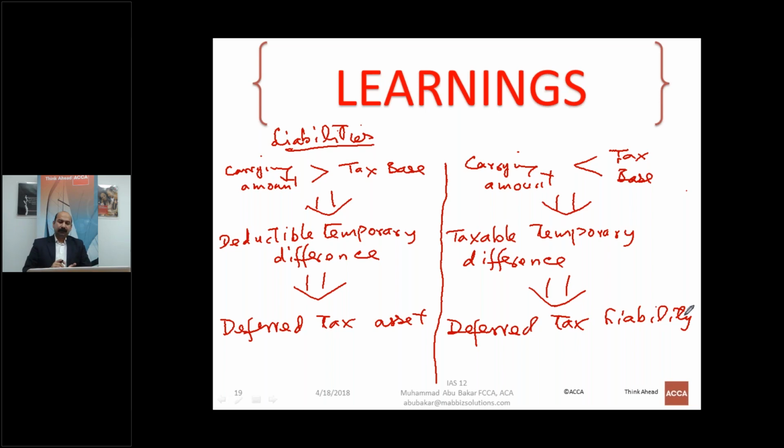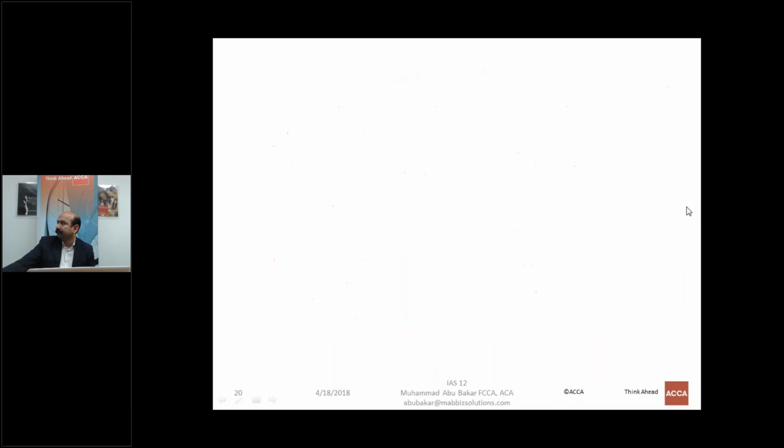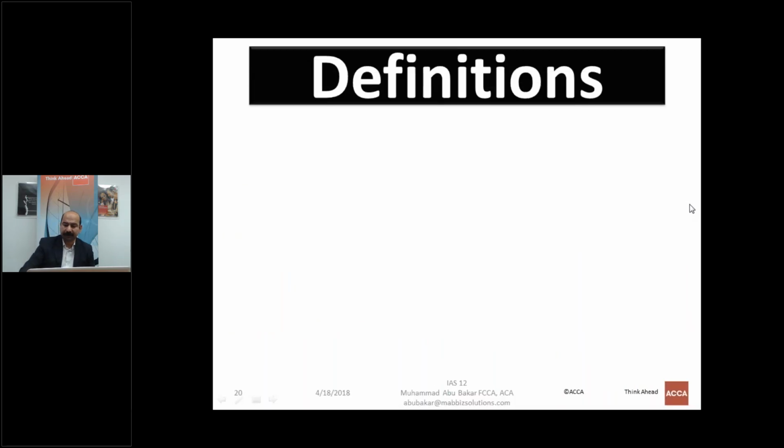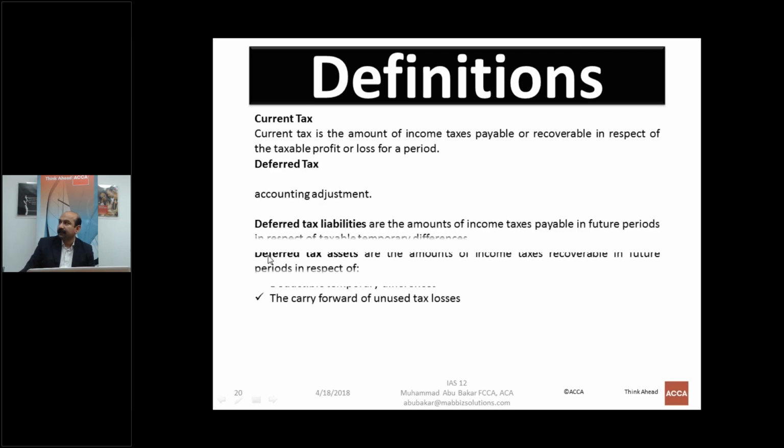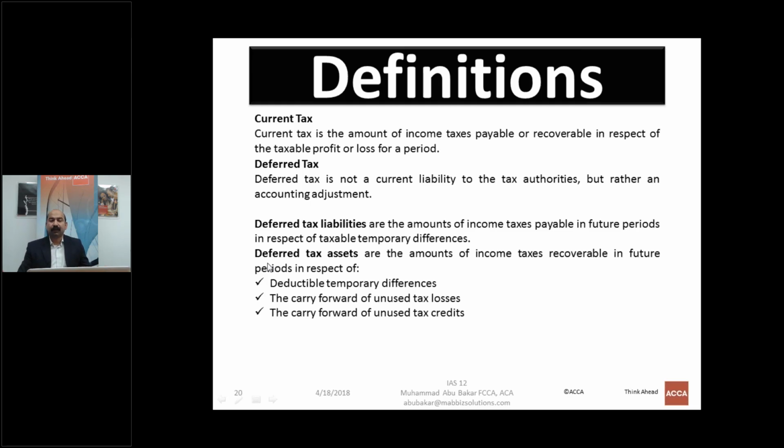So we must memorize these four principles for quick application, practically as well as theoretically. Okay, what are the basic definitions? We saw the current tax definition, then we discussed deferred tax. Deferred tax is not a current liability to the tax authority, but rather an accounting adjustment.